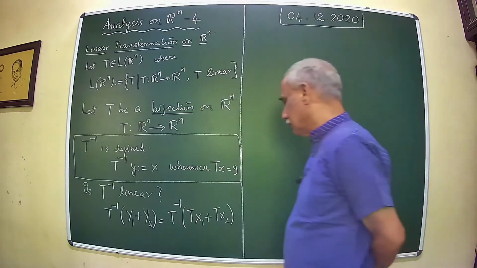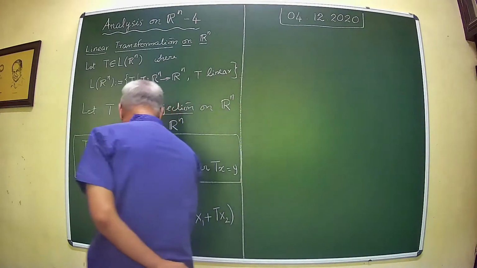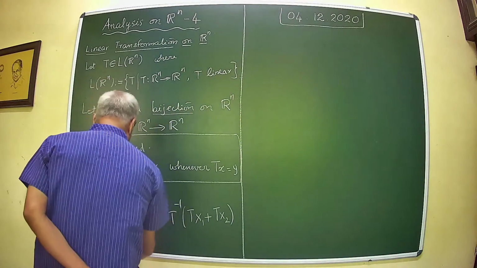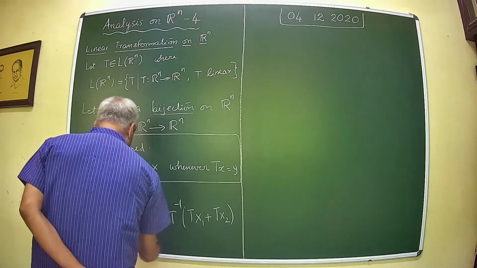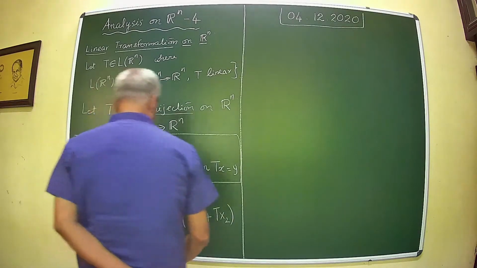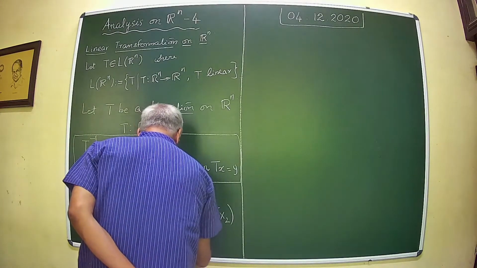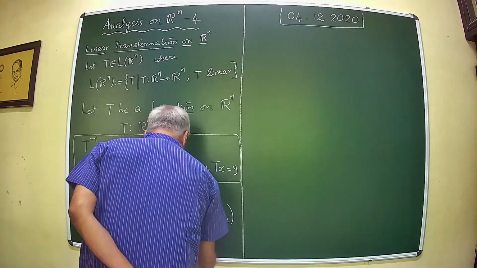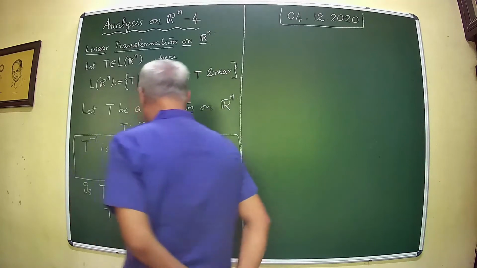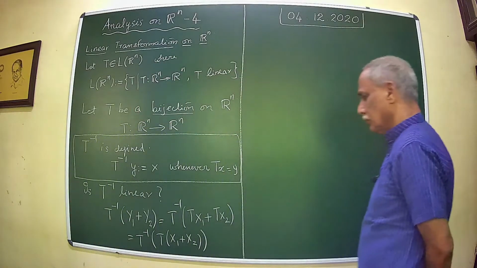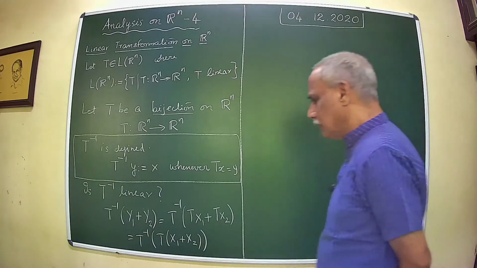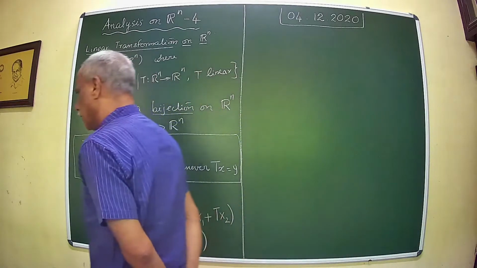Now you see that this is equal to T inverse of T of x1 plus x2, because T is linear. And T inverse of T is the identity map.